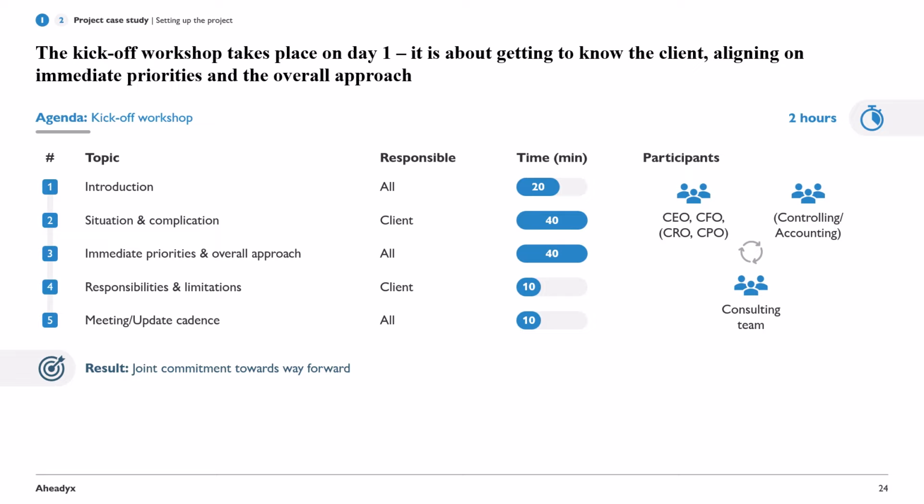So we had this case in which we were not allowed to ask anyone else besides the C-level for information, so even the controlling and the accounting department didn't even know that we were there, and this is something that you should just be aware of. Meeting update cadence, nothing too spectacular, when we will meet next, which deliverables should be prepared by then, and so on. So overall, this shouldn't take longer than 2 hours, and then you're ready to go.